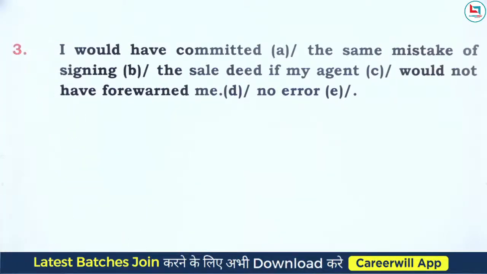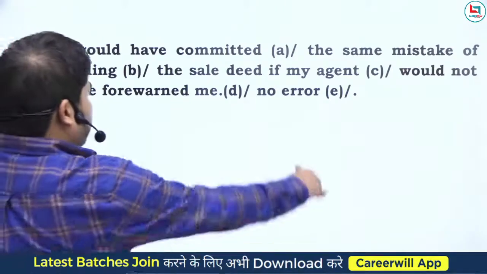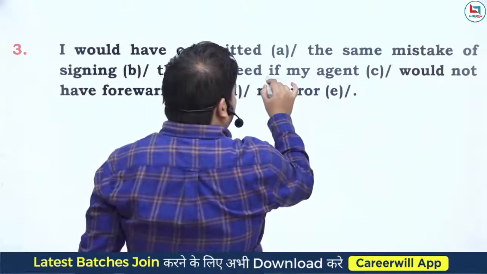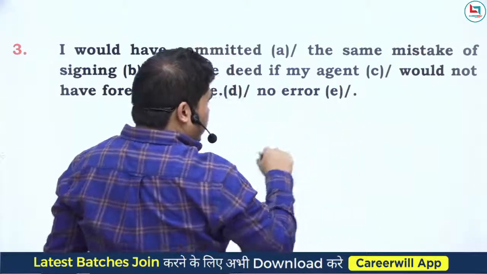Next one. I would have committed the same mistake of signing the sale deed if my agent would not have forewarned me. What is the problem in this sentence? It is absolutely clear that if wala clause should be written in past perfect, right?